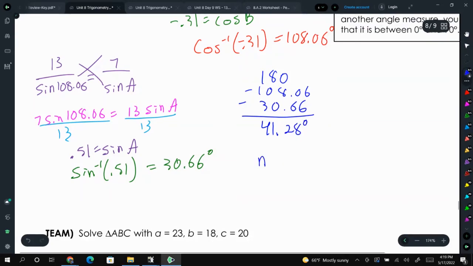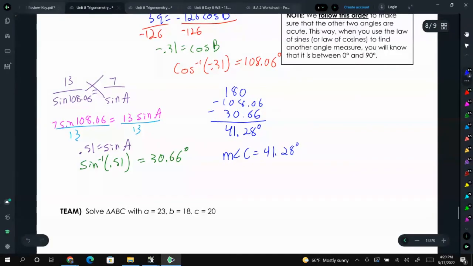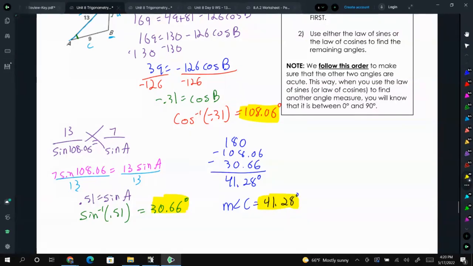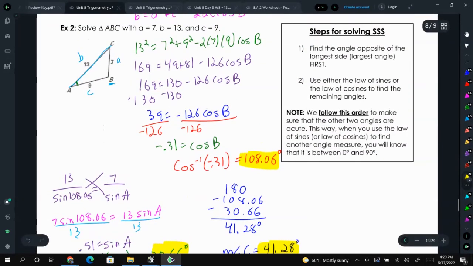So the measure of angle C is 41.28 degrees. So we found our missing pieces of information. Angle B was 108.06. Angle A was 30.66, and angle C was 41.28. So those would be my three angle measurements, and we already know these three sides from the original problem, so we've solved this triangle.